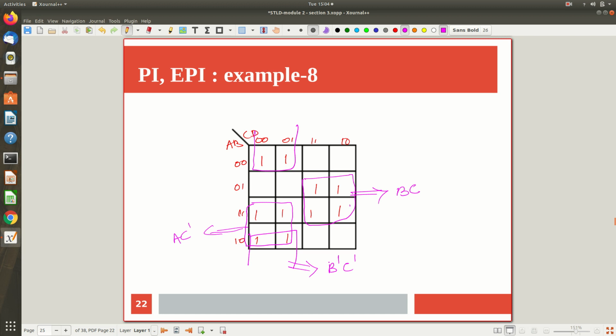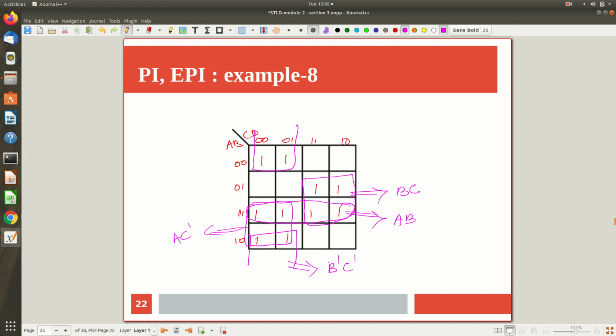Now you can see that this is also a prime implicant, but by this time you will not take it because you know that it is not essential, right? But just for completeness I am taking it. If somebody asks you how many prime implicants are there, you should know that this is also a prime implicant. This is my A B. Right, because it is the largest one, that is the only requirement, and it is an implicant also, right? So it's a prime implicant for sure.